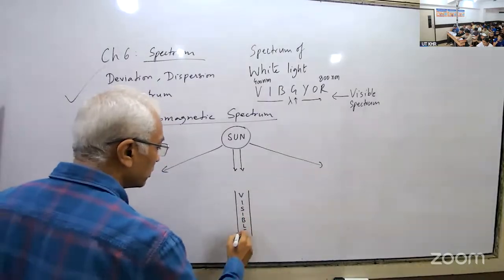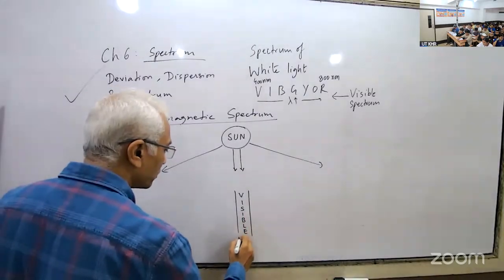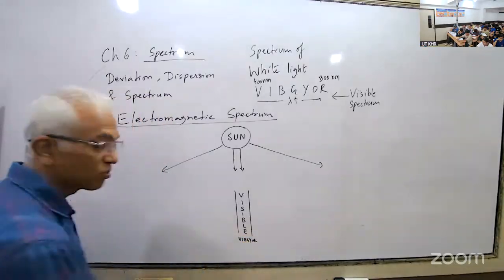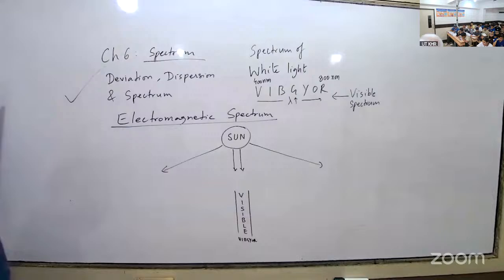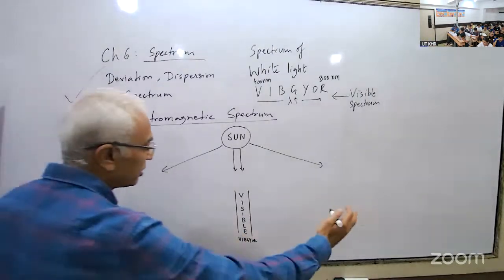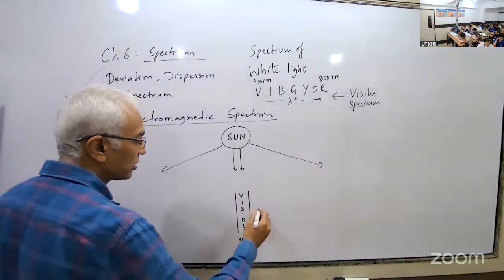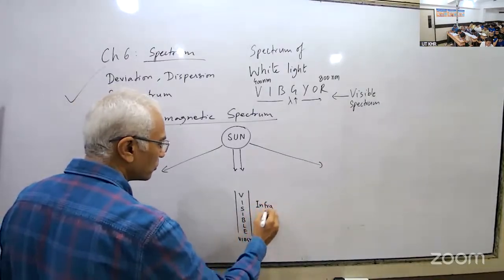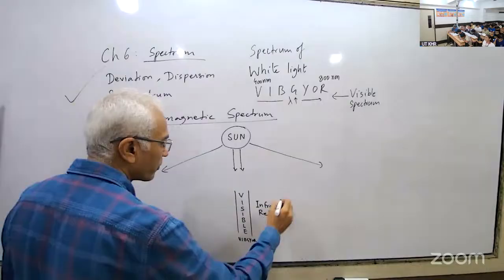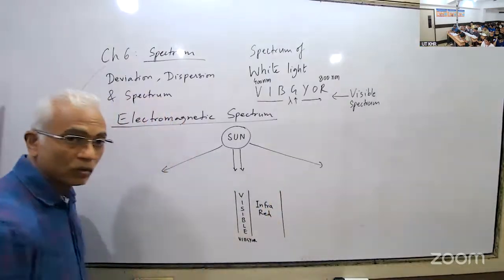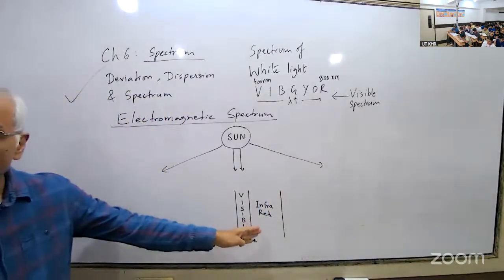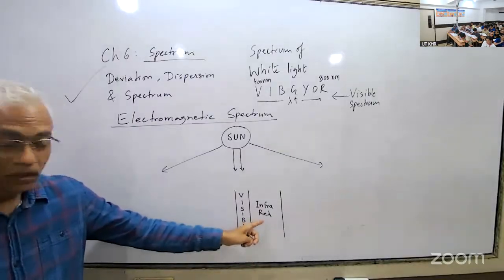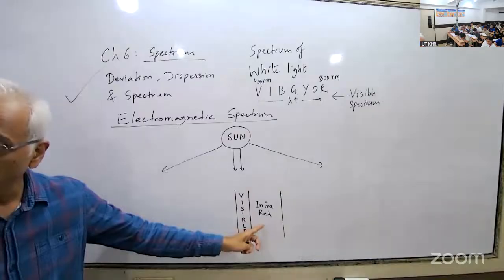It consists of VIBGYOR. To the right of red color, you have infrared. There are certain more radiations to the right of red color, which means their wavelength is bigger than the wavelength of red color.